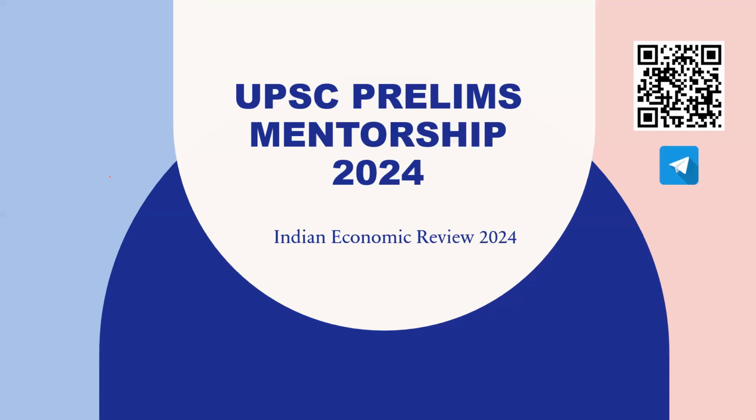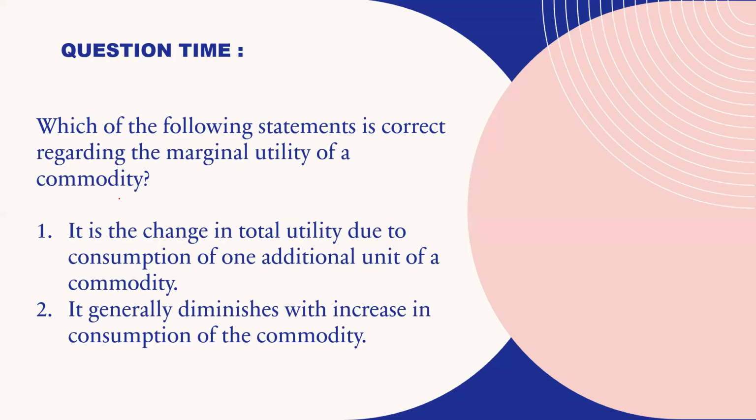First, we'll start with a simple keyword which is used in this review. In the beginning 2-3 pages, this word has been used: marginal utility. Even in the interview and in prelims, they may try to ask you some basics, like what is marginal utility.